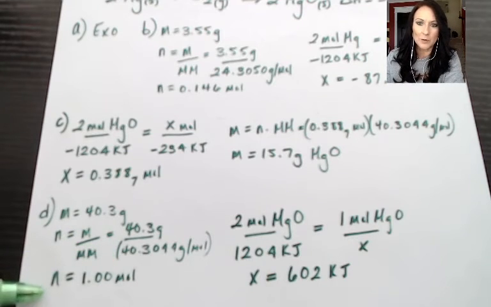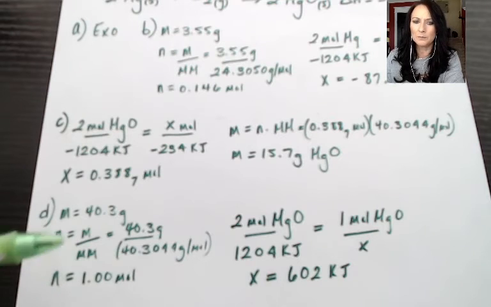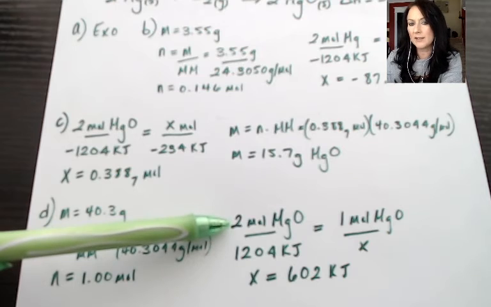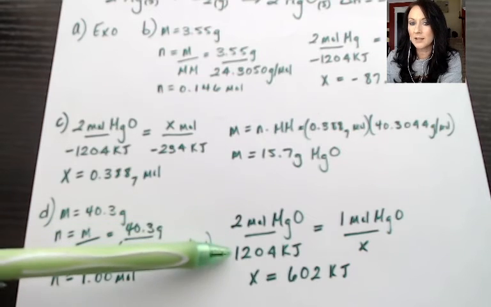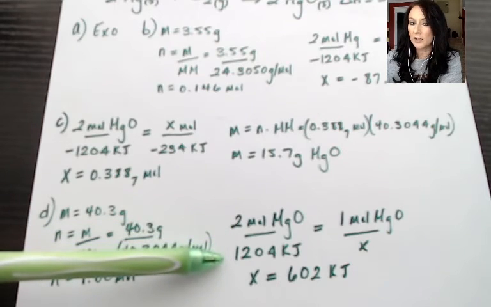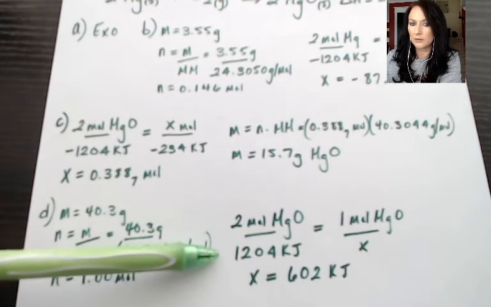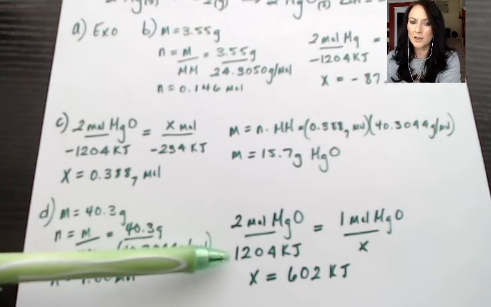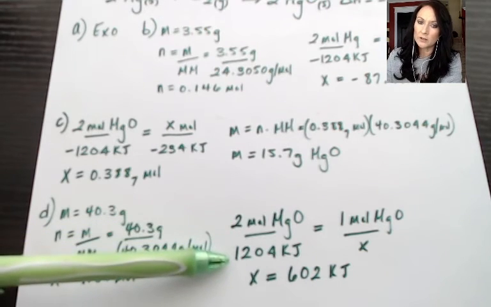The number of moles is going to be 1. Okay, 1 mole. Then I do my cross multiply again. So 2 moles of magnesium oxide, when that decomposes, we've got 1204 kilojoules. Notice that this is positive now. There's no negative sign here because we're going in the opposite direction. It's endothermic. All right, so 2 moles will require 1204 kilojoules.